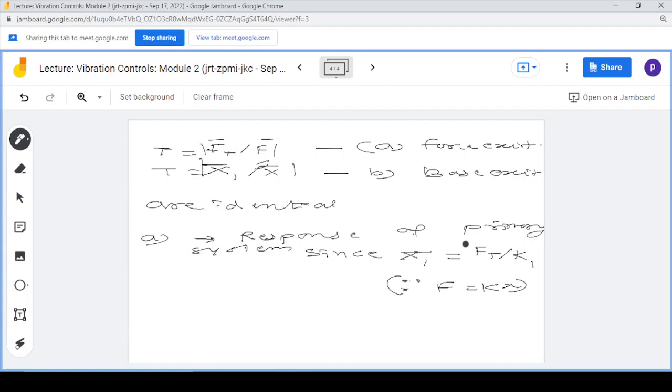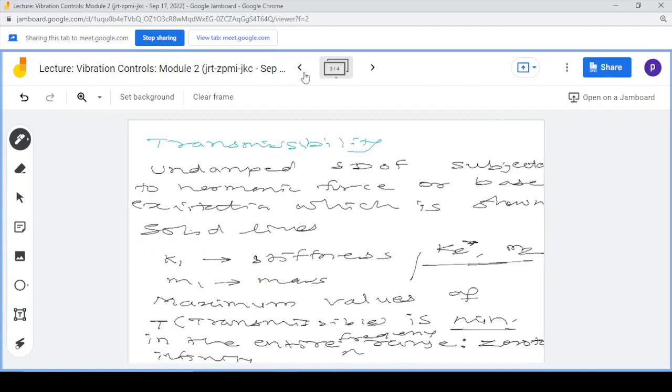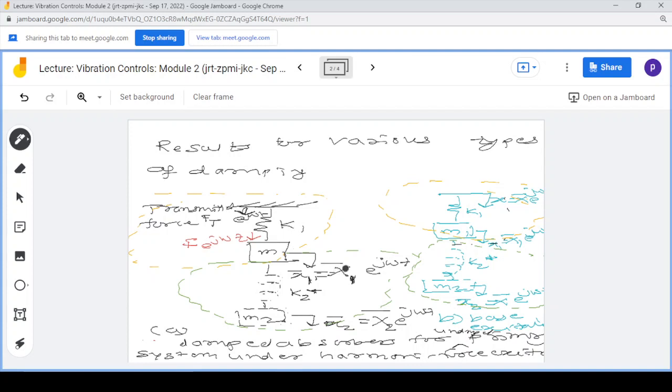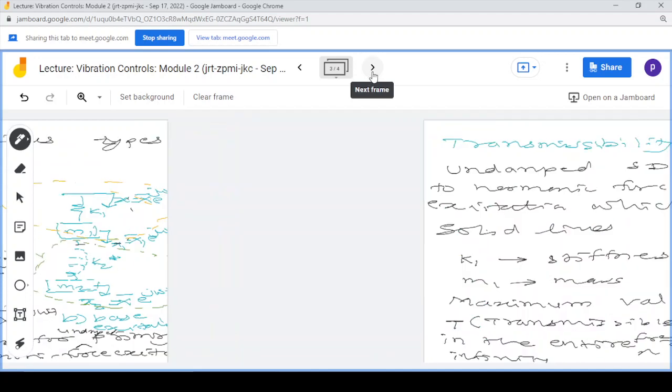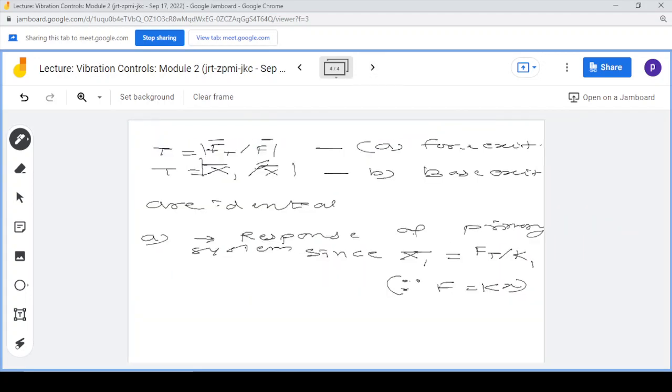By rearranging these terms, we find x1, which is the displacement of mass 1, proportional to the transmitted force Ft divided by the stiffness K1 of the primary system. Okay.